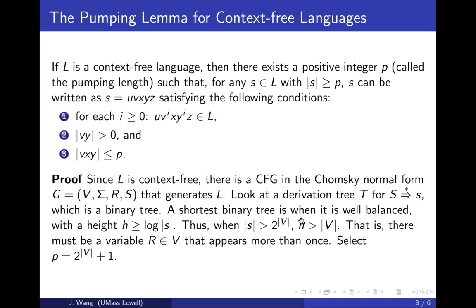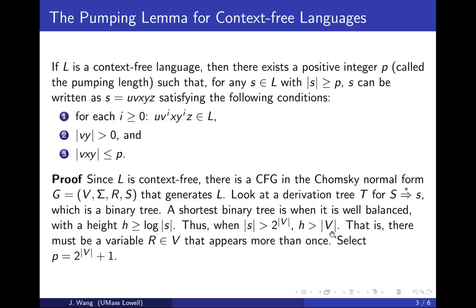And the shortest binary tree is one that is well balanced, and the height h is greater than or equal to log of the length of s. We want this h to be greater than the size of V. So when the length of s is greater than 2 to the size of V, then h is greater than the size of V.